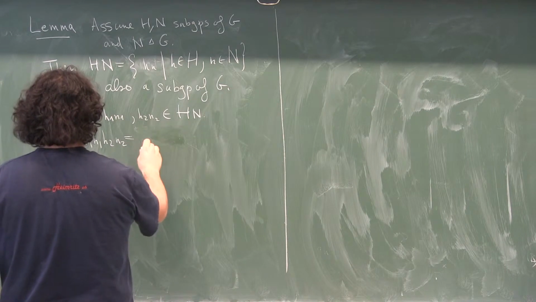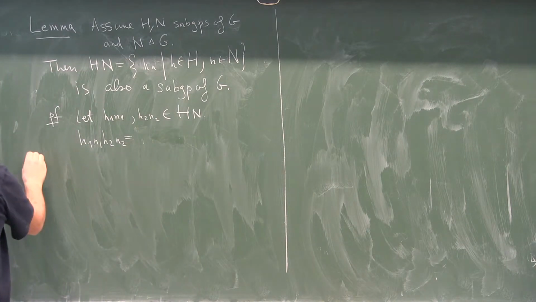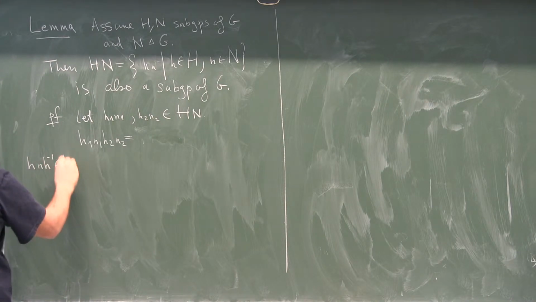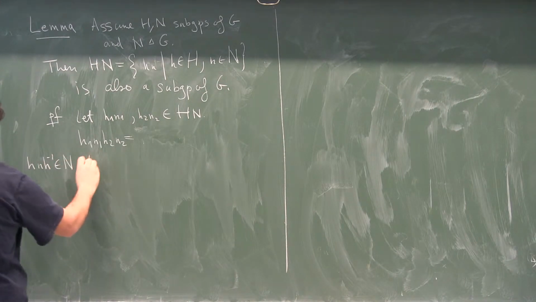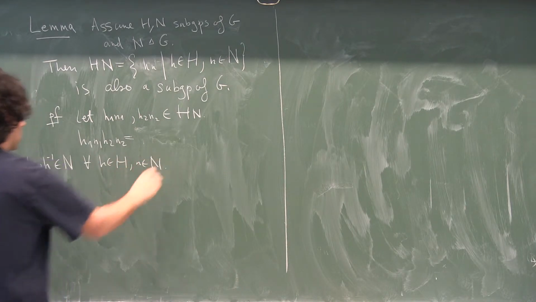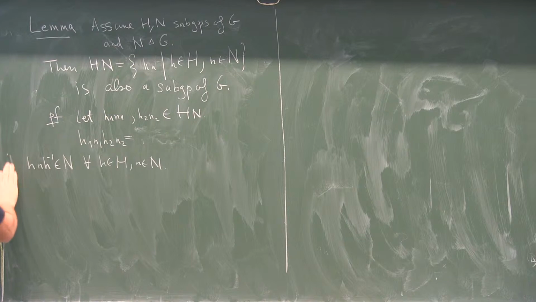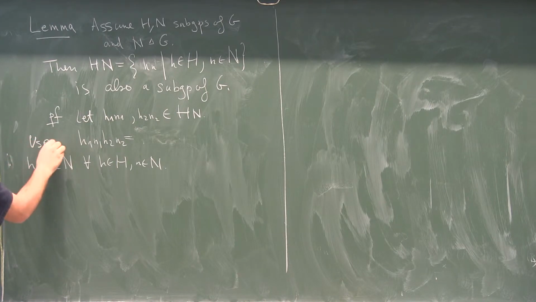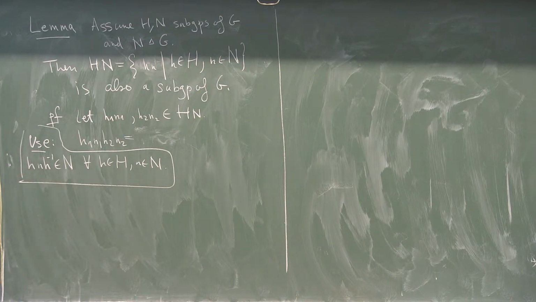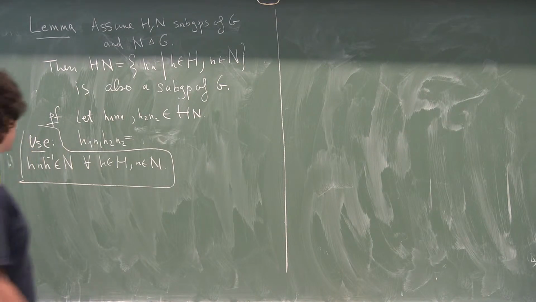We want to use the fact that h n h inverse is in N for all h in H and n in N. That's our assumption that N is normal. Well, this we even know for all h and g, but certainly for all h and n.